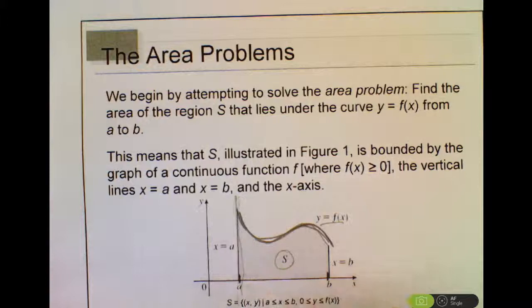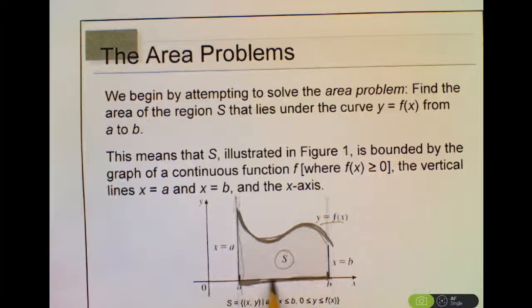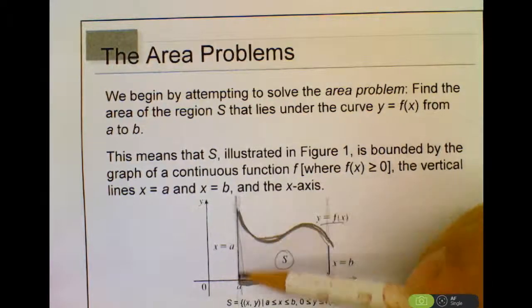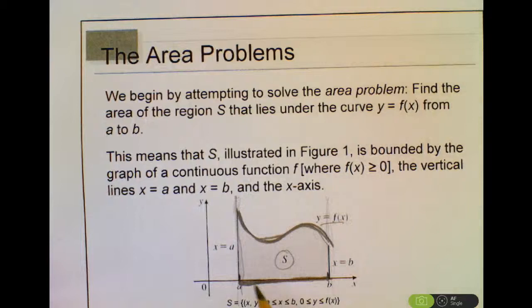So this is the line x equals A, this is the line x equals B, this is the function f, and this is the x-axis. To find this area, we need to know what the boundaries are. This area is bounded by the lines x equals A, x equals B, the x-axis, and the function.